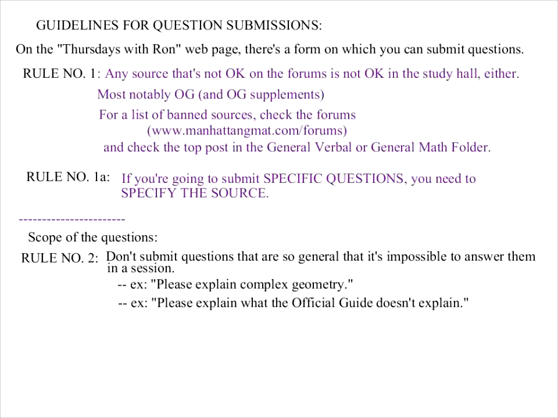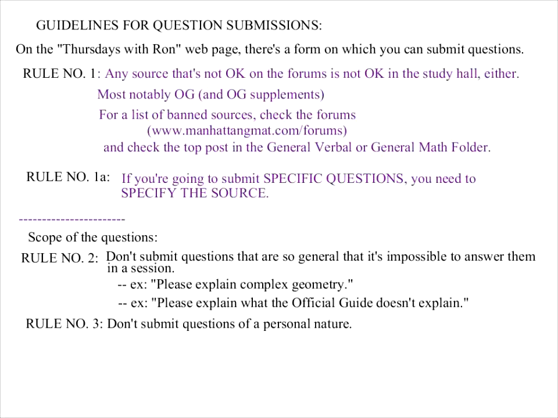Rule number 3: don't submit questions of a personal nature. When I say personal nature, that sounds like we're Ann Landers, we're in an advice column. That's not what I mean. What I mean by a personal nature is don't submit questions that don't pertain in any way to the group.